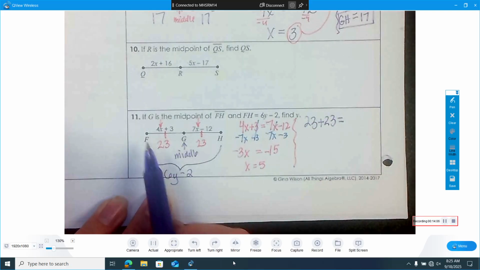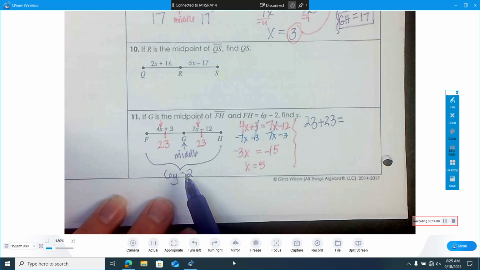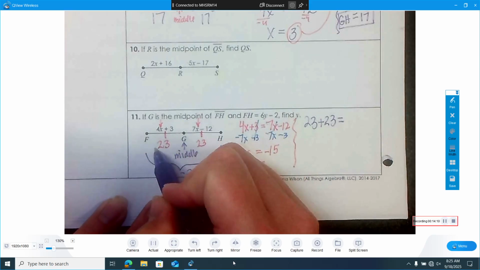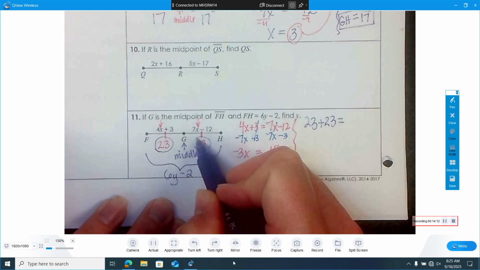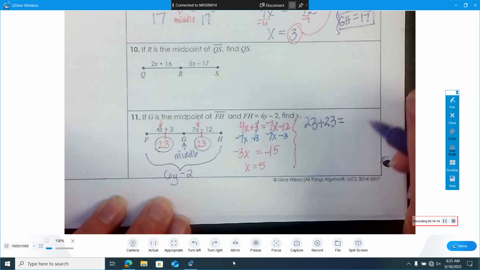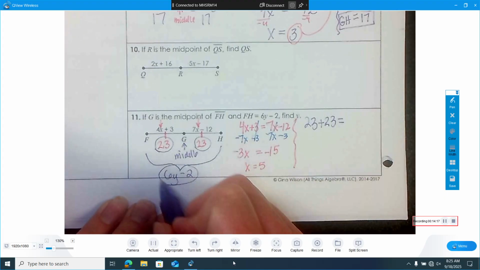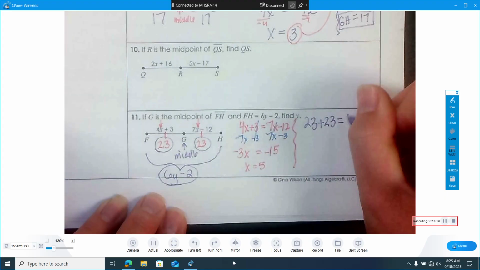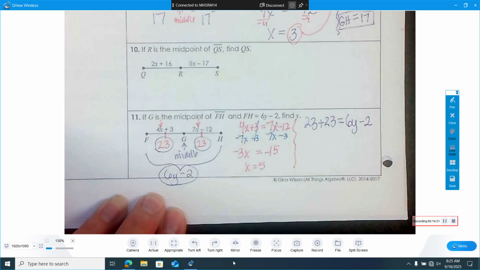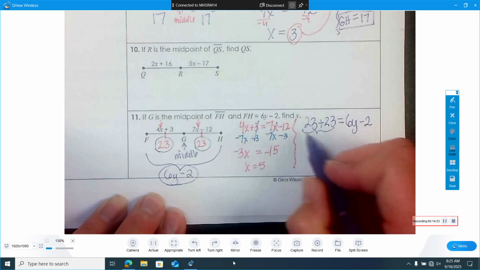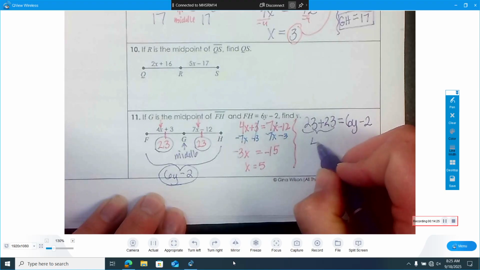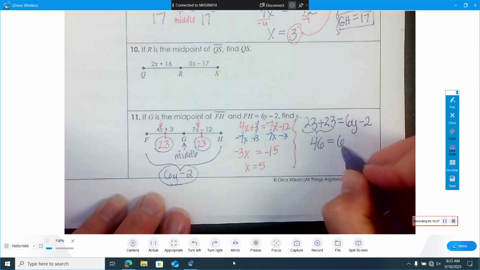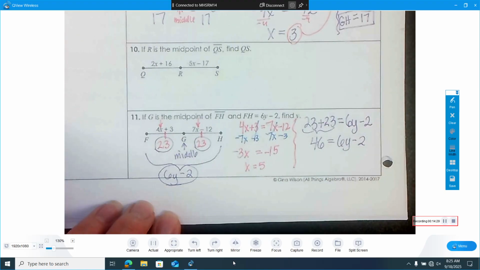Good. So this applies with our segment addition postulate. If I take my little piece plus my little piece, what should it equal? The big piece. And the big piece is 6y minus 2. So Natalie went ahead and added the 23 together and got 46 is equal to 6y minus 2.